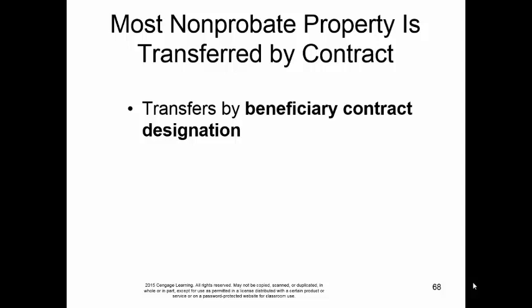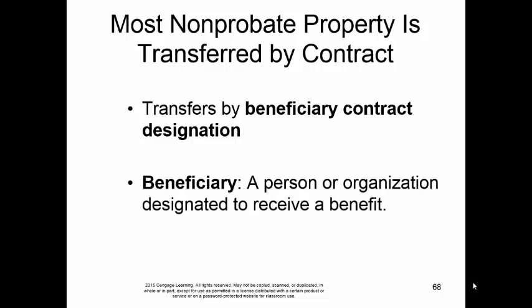In the state of Texas, if you're going to designate somebody other than your spouse, your spouse will have to sign that beneficiary designation, because Texas is a community property state. A beneficiary can be a person or an organization designated to receive that benefit or that account. It could be life insurance, retirement assets, bank accounts, and so forth.